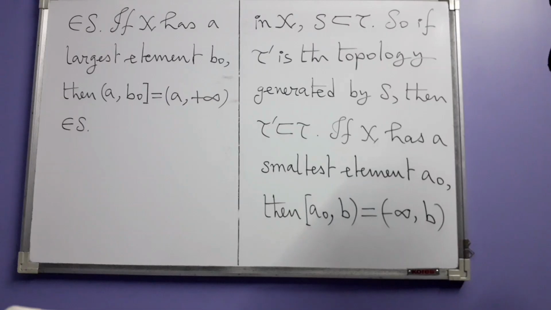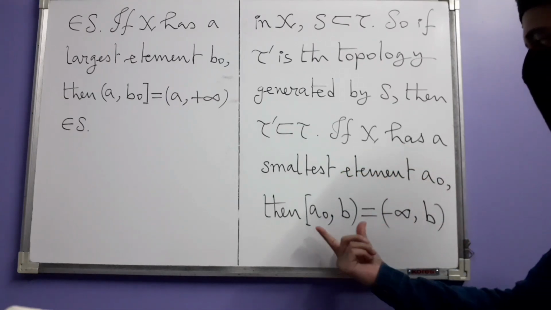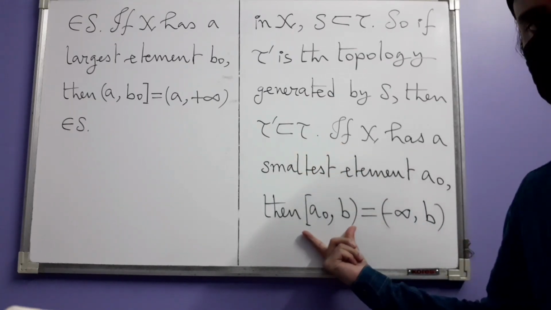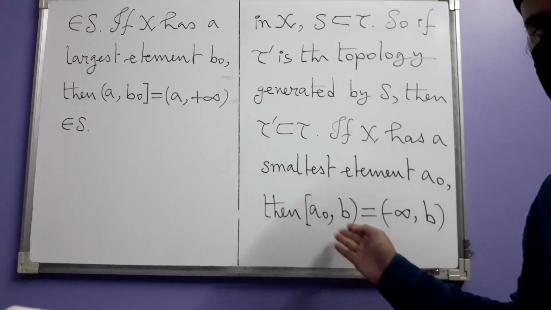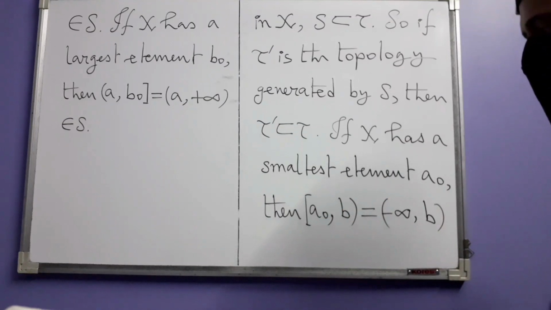Alright. Suppose X has the smallest element a naught, and then you consider a basis element of tau of this form. On one side you have constantly a naught, on the other side there is something b which is greater than a naught, that's understood.